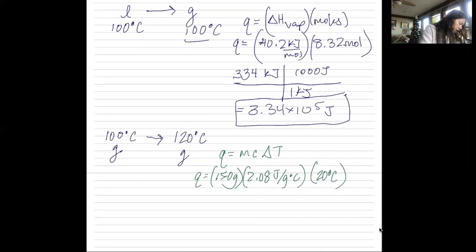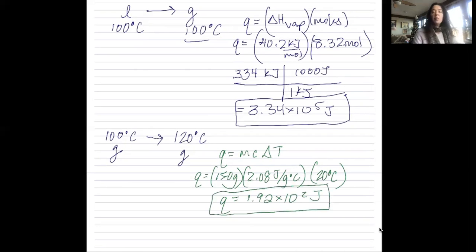Notice all of our Q values are positive because we are heating up. And I've got Q equals 1.92 times 10 to the second joules. If I was cooling down, they would all be negative because that would be removing heat, but everything else would stay the same.